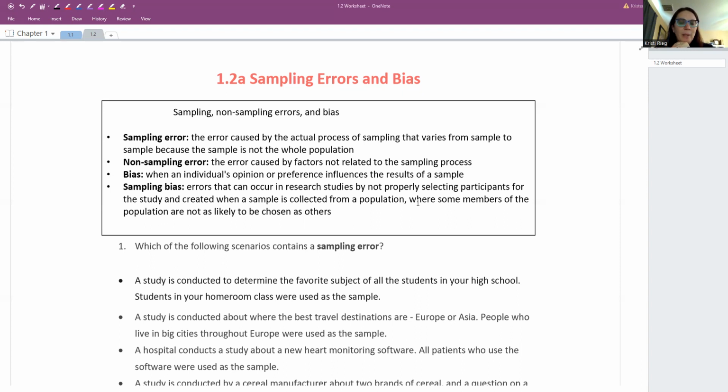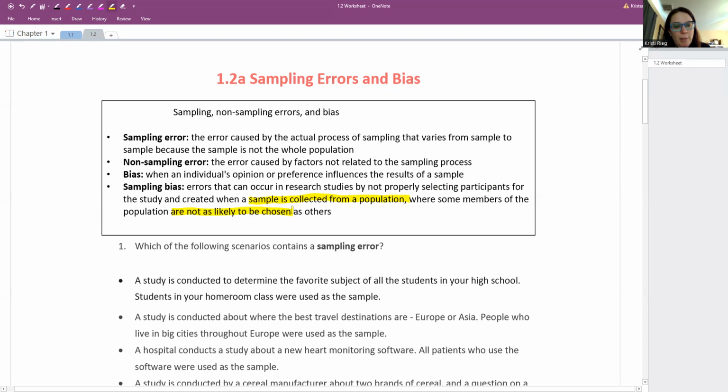Then sampling bias ties back to the last video, where I said your sample needs to be representative of the population. If the sample is collected from a population, but some members are not as likely to be chosen, then that's sampling bias.